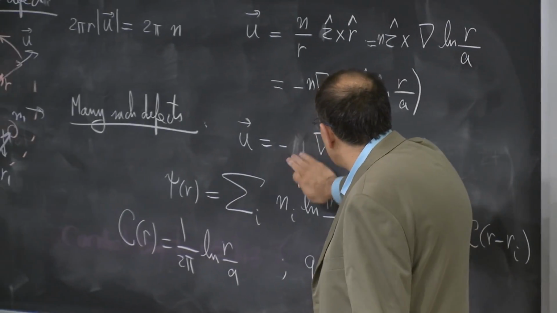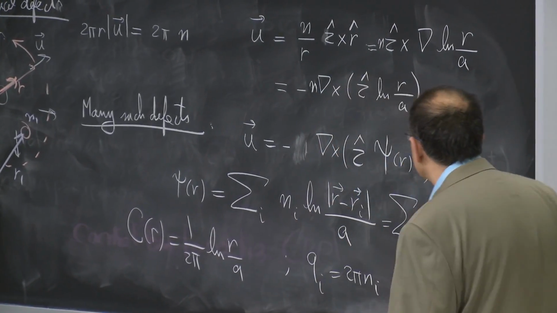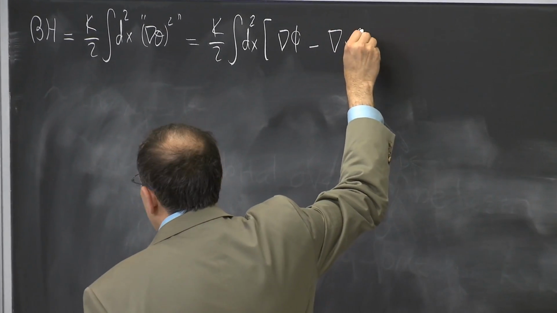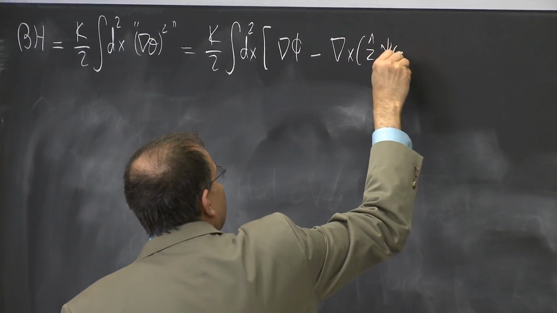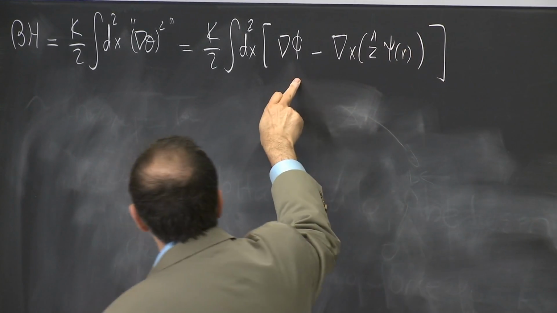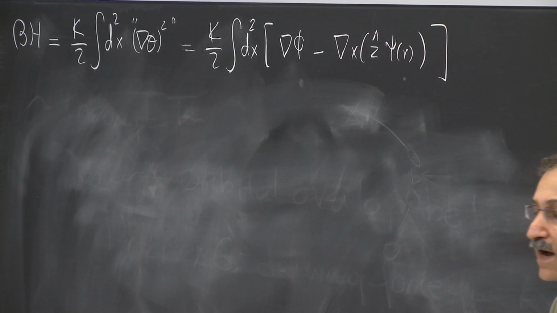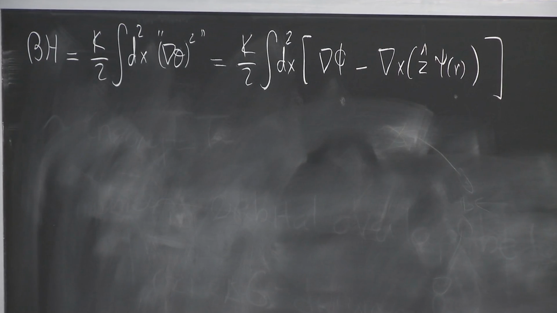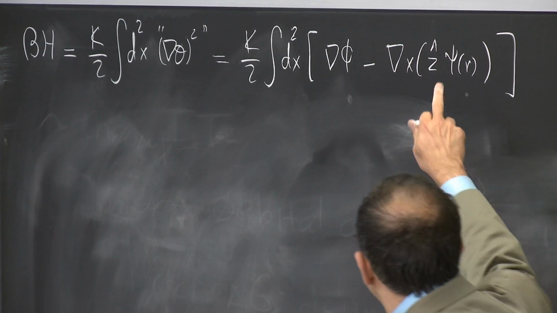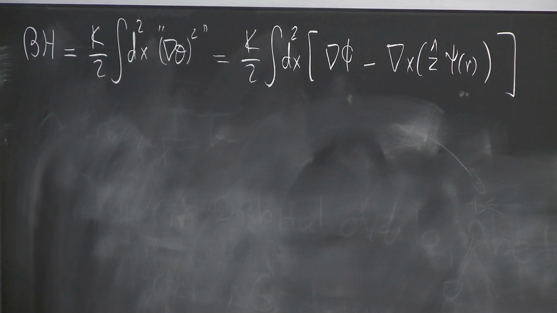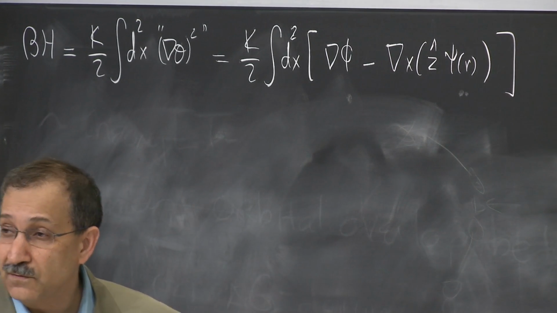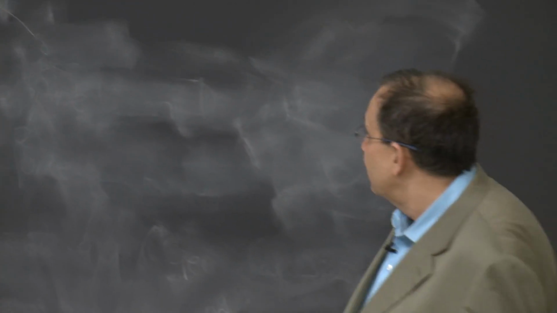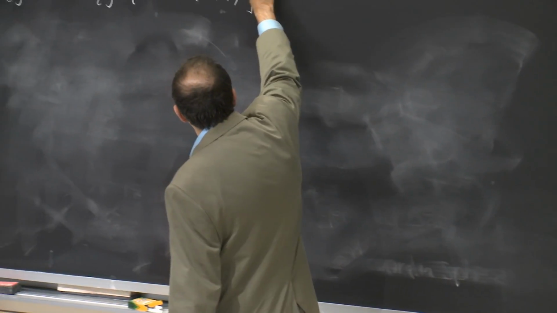I don't need the ni's because I put the ni as part of the psi. So phi is a regular function. Psi, whose curl will give me the contribution of the topological defect, involves both the charges and the positions of these topological defects. Okay? And this whole thing has to be squared, of course.